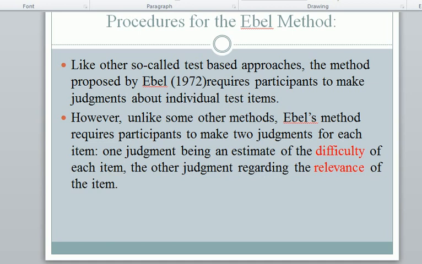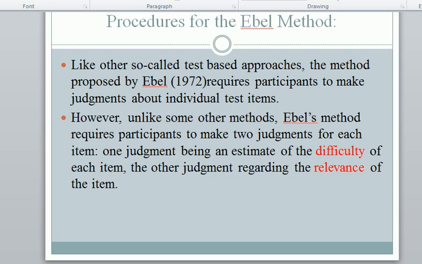And now the procedures for the Ebel method. Now I will discuss the procedure of the Ebel method. Dear students, like other test-based approaches, the method proposed by Ebel in 1972 requires participants to make judgments about individual test items.